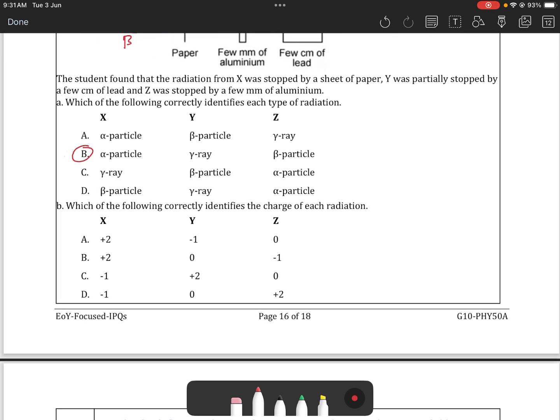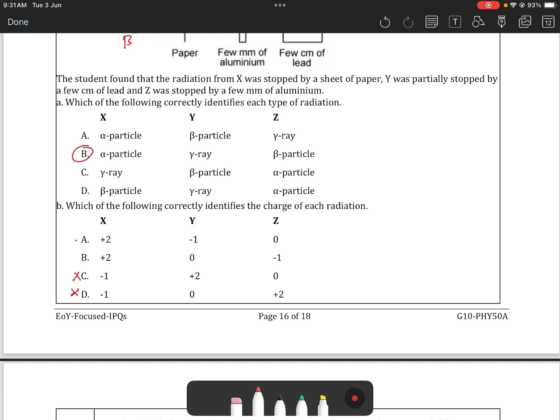Now, the charge of each radiation. Alpha is a helium nucleus, so it has 2 protons and 2 neutrons, I'm sorry. So it has 2 relatively positive charge. So it is A or B. Z, C and D are cancelled.